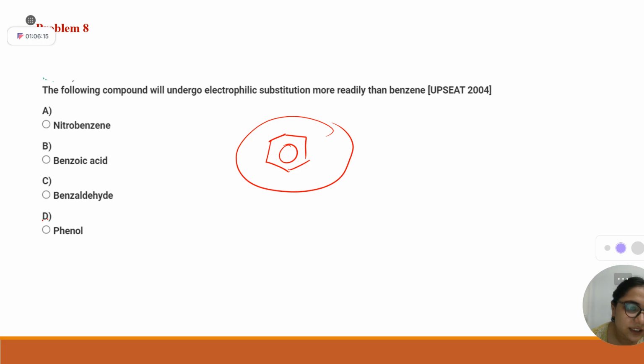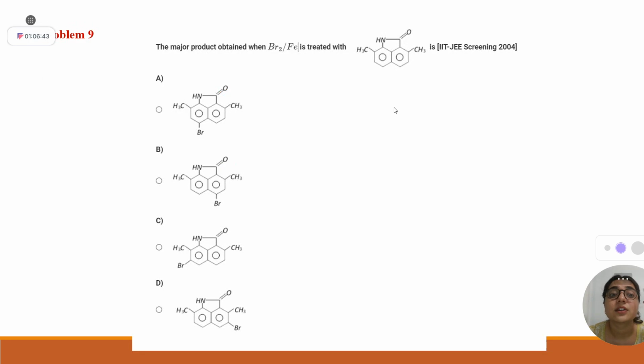See, if you know the concept, it is easy, but competitive exams just check your concept. You know that electrophilic aromatic substitution will prefer an electron rich ring. So, which are electron rich compared to benzene? Anything having either plus I or plus M. Very good. You should solve this question in 30 seconds.